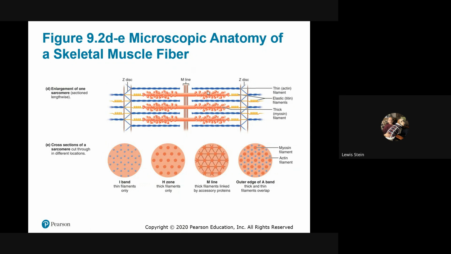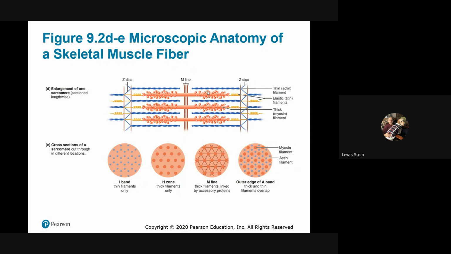When an area on the heads is finally exposed, they're in such close proximity they touch, and that triggers this. It's almost like a trigger ready to fire. We call it cocked. And then all of a sudden it goes boom, and it pulls those actins toward the midline. That's how this sliding filament thing works in a very oversimplified fashion.